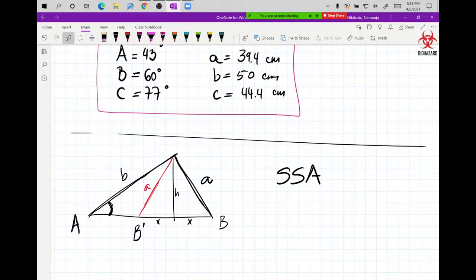Because A was given, B was given, and capital A was given. Capital A is the angle. So this one, side side and A.